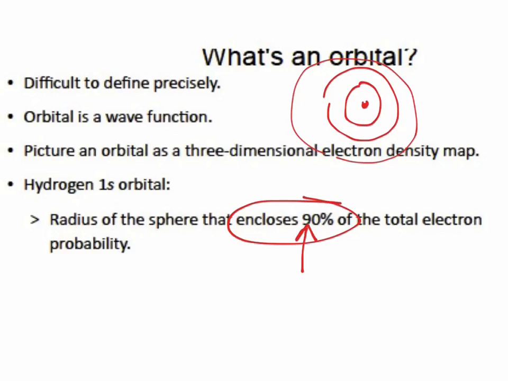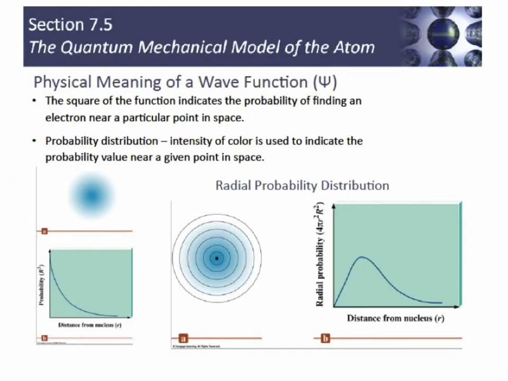If you were to look at some graphs of electron probability, you can see here we have this gradient graph, where this would be our nucleus in the center, and as you go out, you can see that our probability goes down.